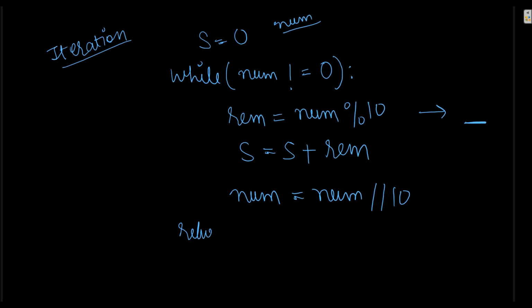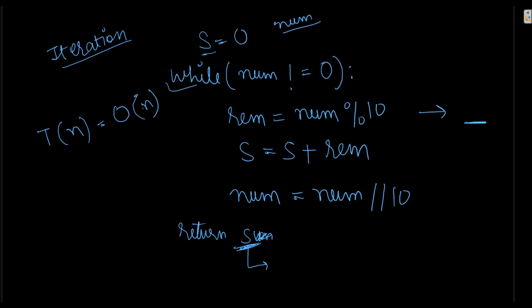Whatever sum we get is the result. If we take out the time complexity, we have used a single loop, so it will be order of n.